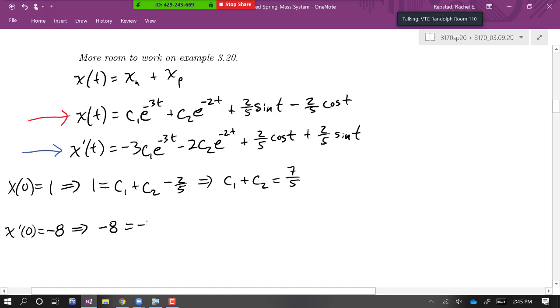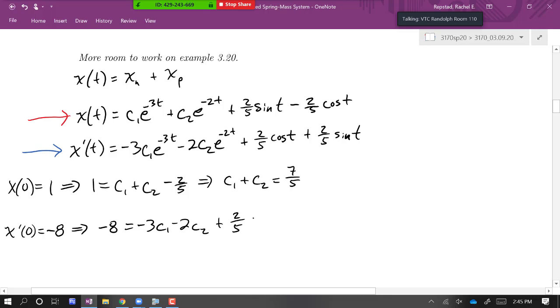Negative 3C1 minus 2C2 plus 2/5 plus 2/5. Right, because cosine of 0 is 1, and the sine drops out.